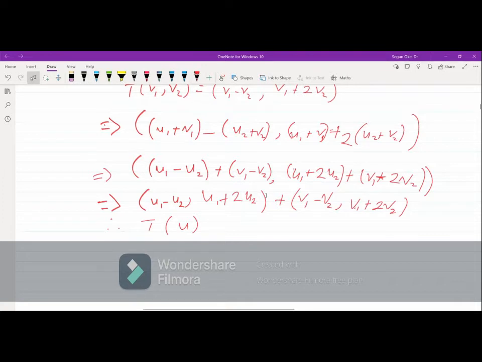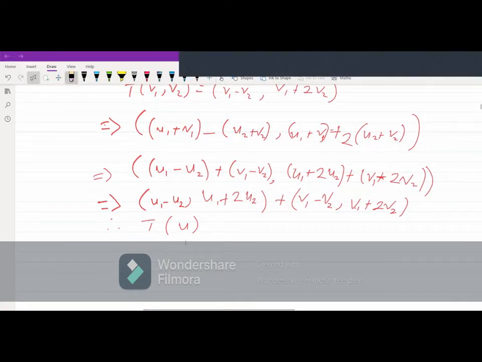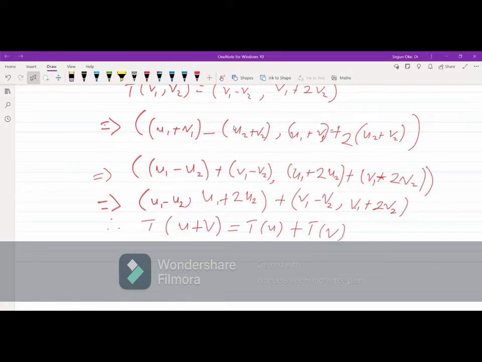Remember, the definition says, if you remember from the one I showed you the other time, our definition is the same thing as U plus V is the same thing as T of U plus T of V. Therefore, which implies that we already achieved that from up.